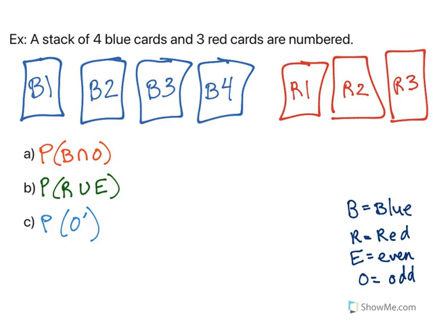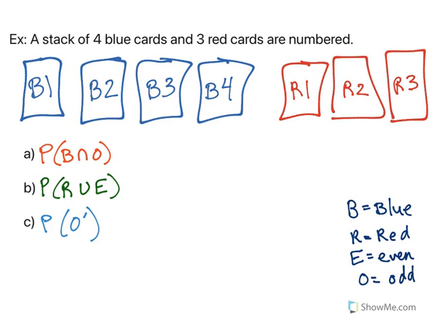So now let's get into some things. We have a stack of 4 blue cards and 3 red cards, and they're numbered. So the blue cards are numbered B1, B2, B3, and B4, and the red cards are numbered R1, R2, and R3. Now, for notation, B means blue, R is red, E means an even number, and O means an odd number.